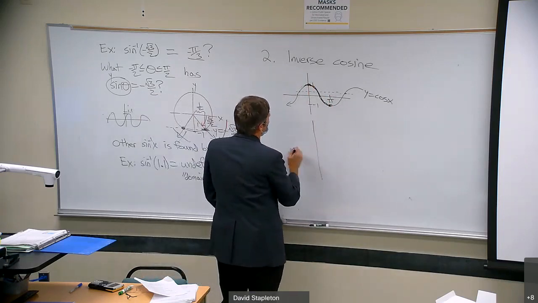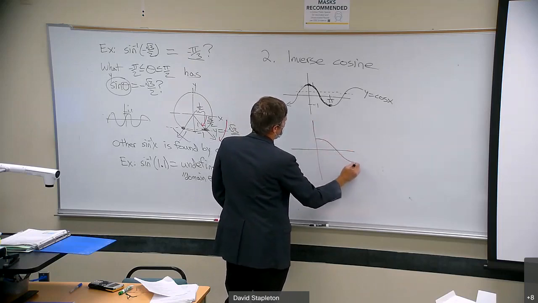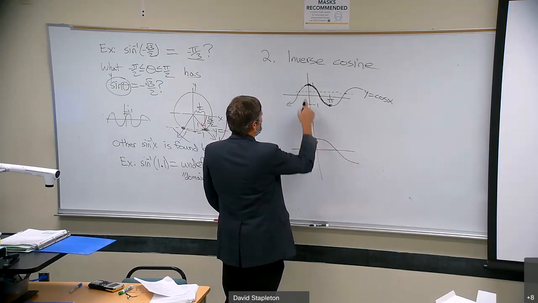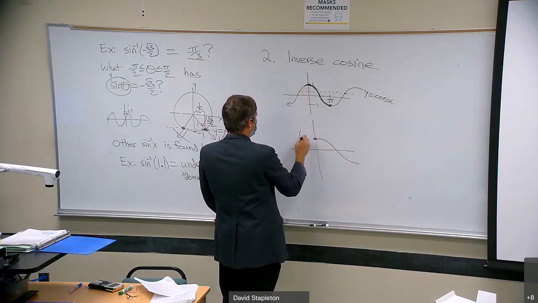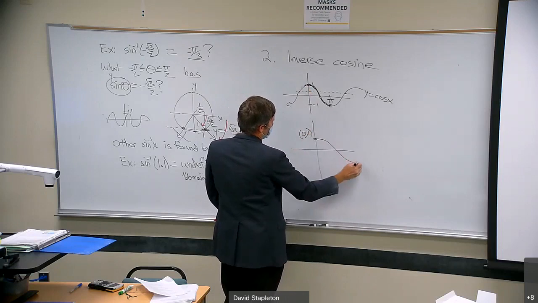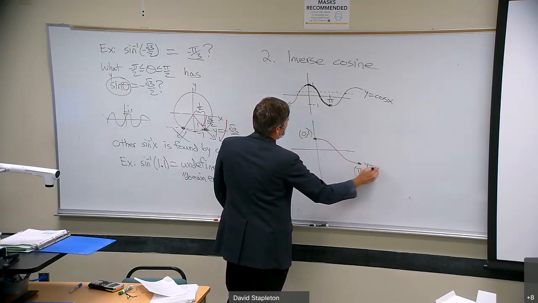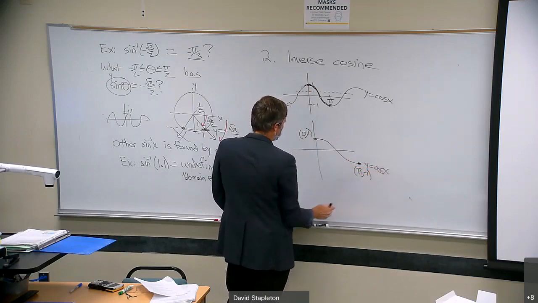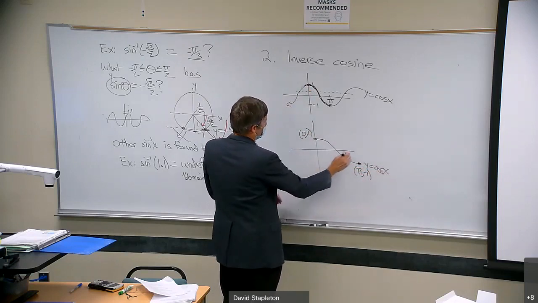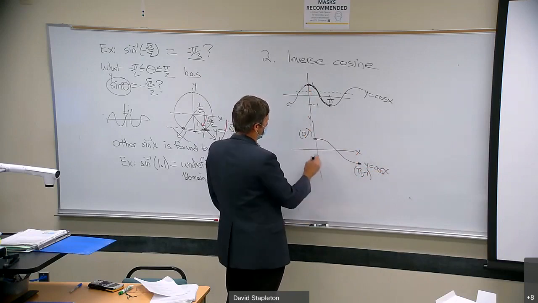Let's draw it here. The point right here, cosine of 0 is 1, so this is the point (0, 1). Cosine of pi is -1, so this is the point (pi, -1) on the function y equals cosine x. The inverse is gotten by interchanging x and y, right? The inverse relation is x equals cosine y.